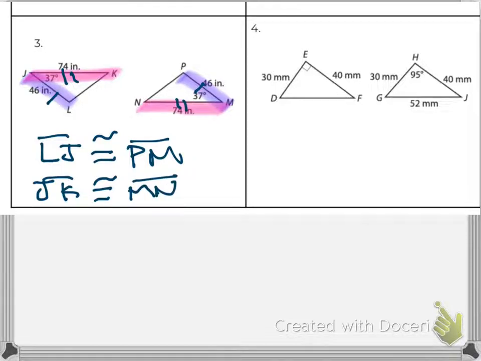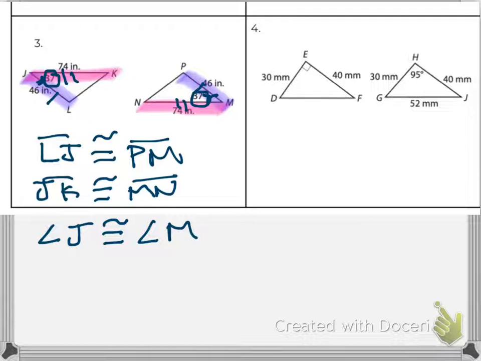So now what I need to check is, are the included angles congruent? So here I've got 37 degrees at my included angle. I look at my included angle in the second triangle, and I do have that it is 37 degrees. So that tells me that angle J is congruent to angle M.